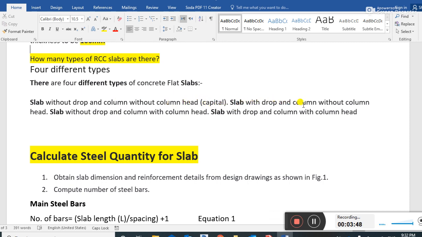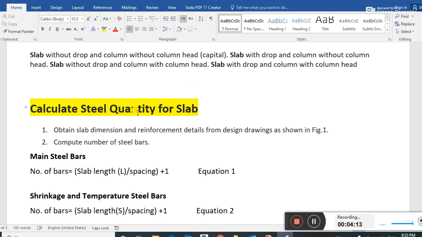Slab with drop and column without column head. Slab with drop and column with column head. Guys, we have other subcategories of slab: one-way slab and two-way slab. Keep this in your mind too.